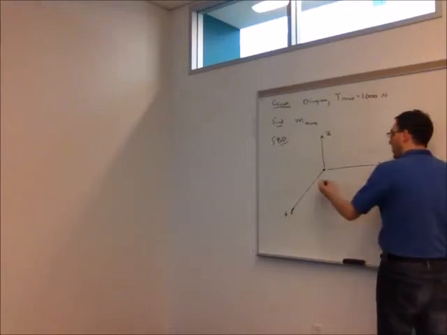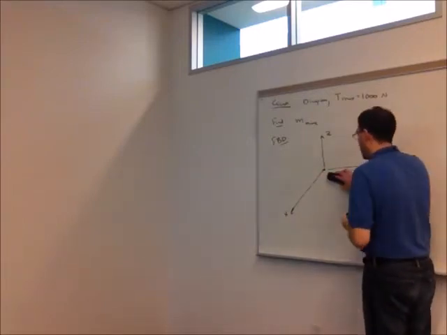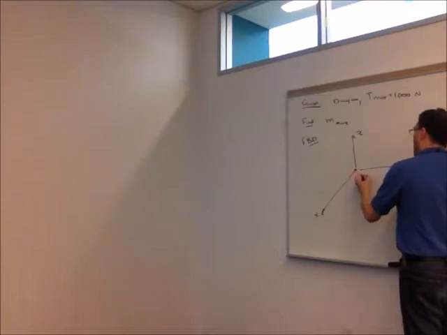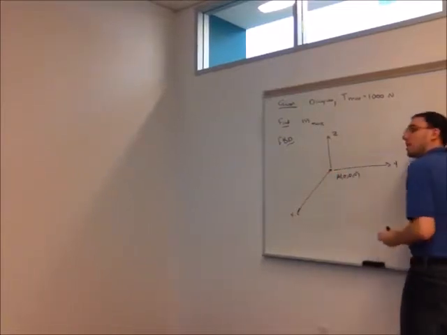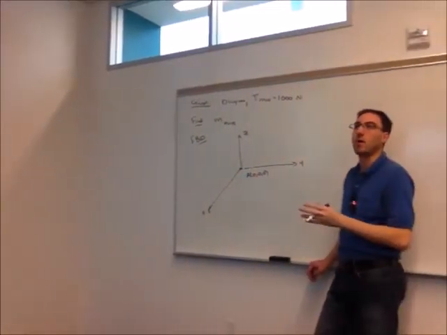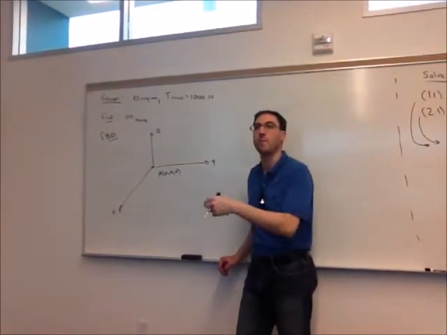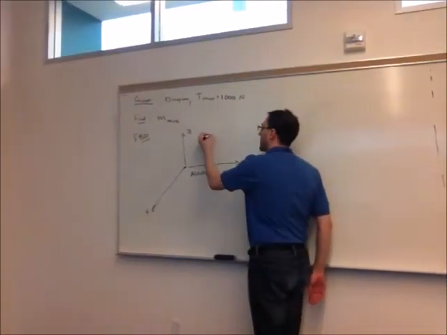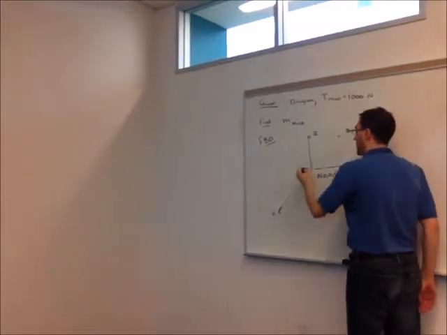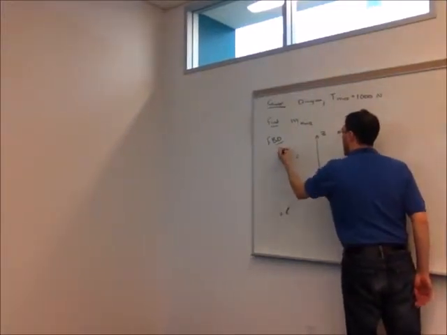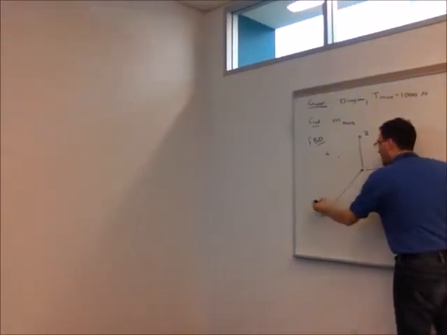All right, so A is at the origin. And the points that we're going to be interested in are B, C, and D, since there are ropes going from A to each of those points. And D is over here.